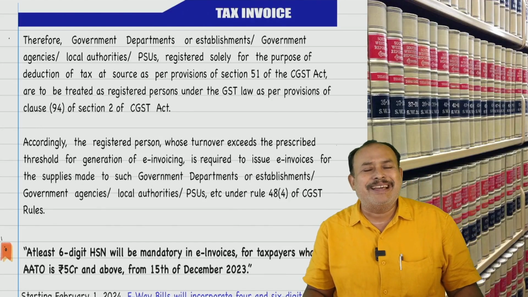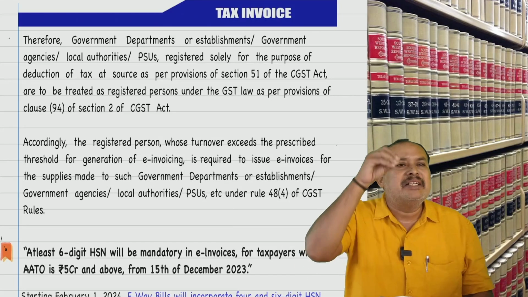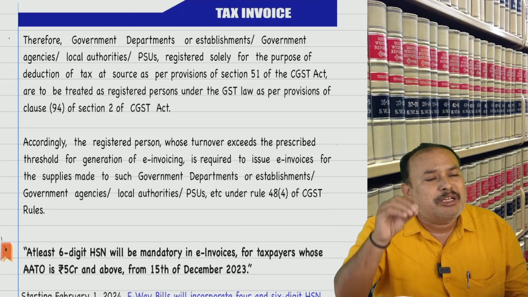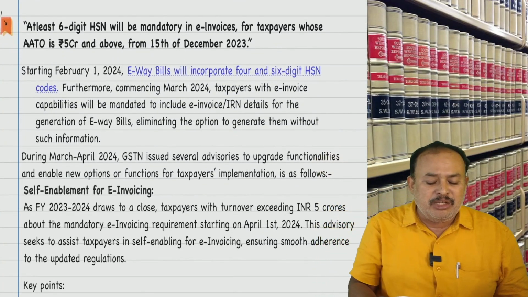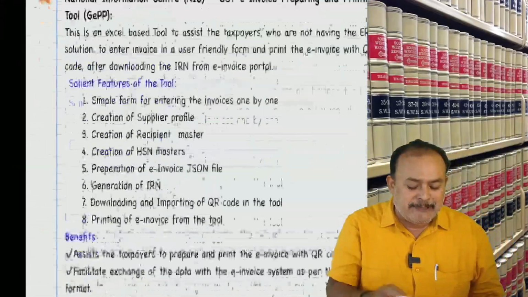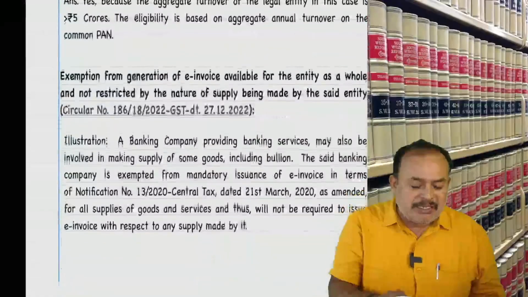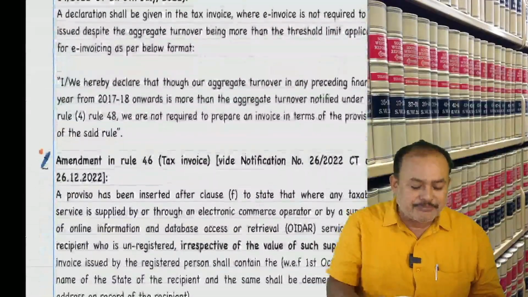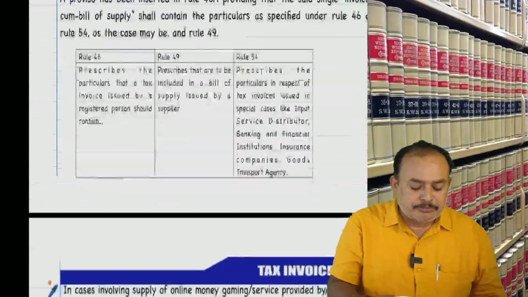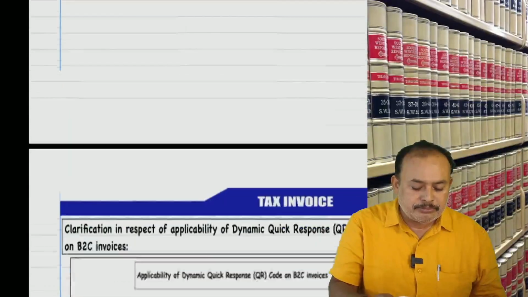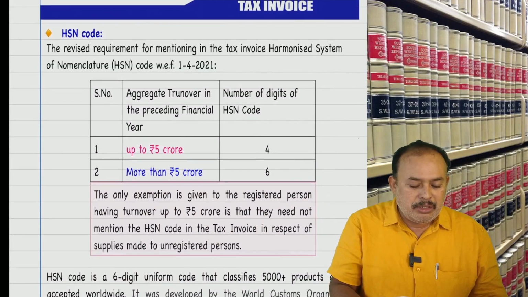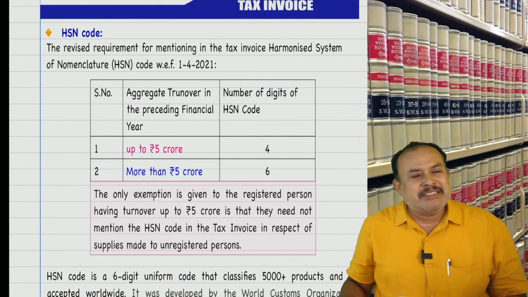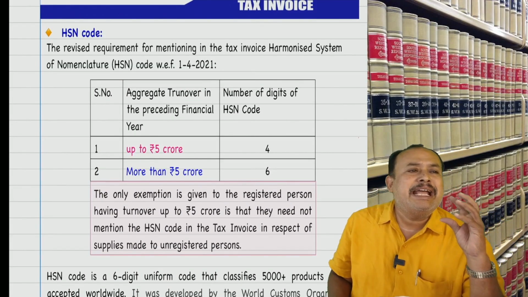As I told you, there must be a harmonized system of nomenclature, HSN, in your invoice. What do you mean by HSN? HSN means, my dear sir, the name of the product.